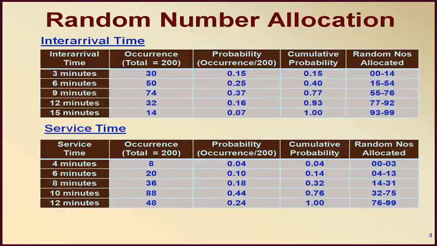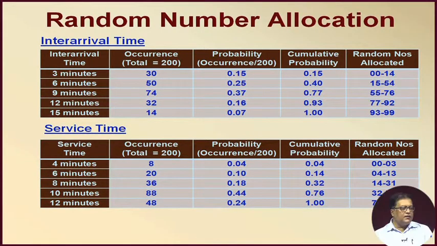So, the first task is to make an assignment of the random numbers as per the cumulative frequencies. First, you have to find the probability figures. The occurrence for 3 minutes was 30, and if you divide by 200, the probability is 0.15.